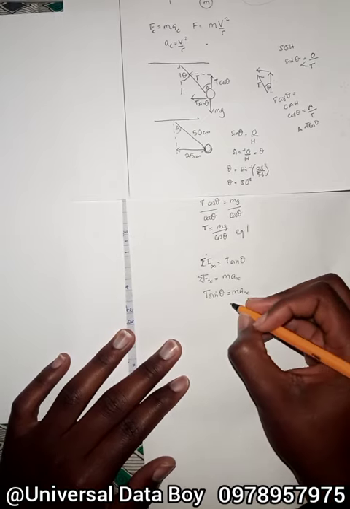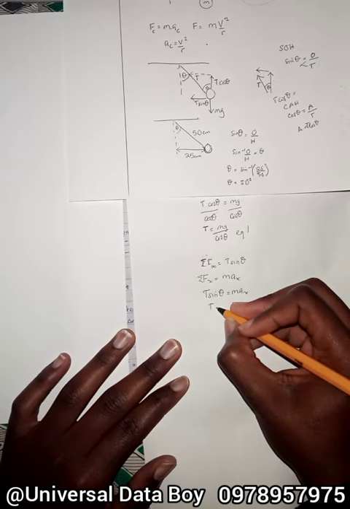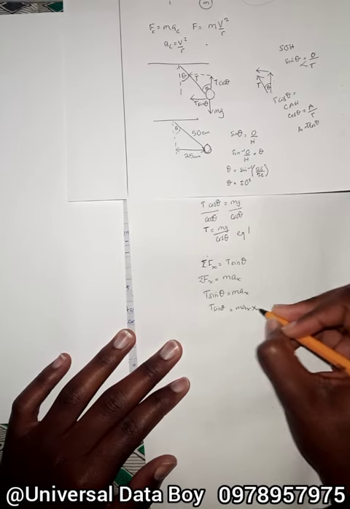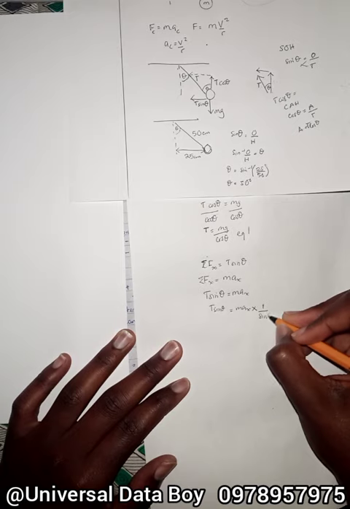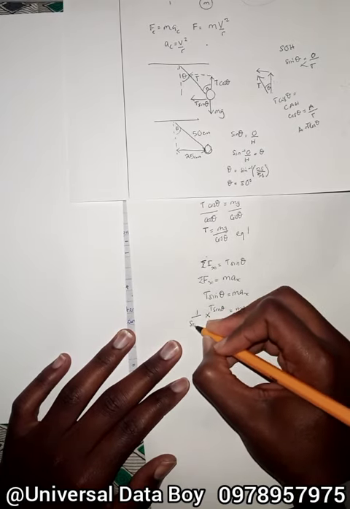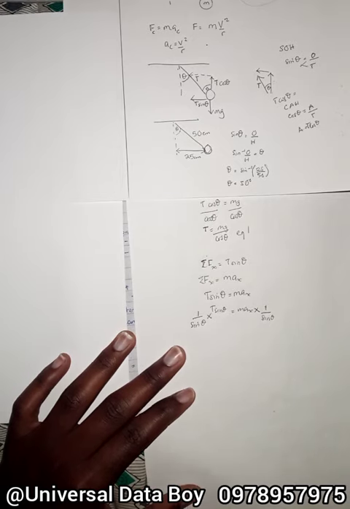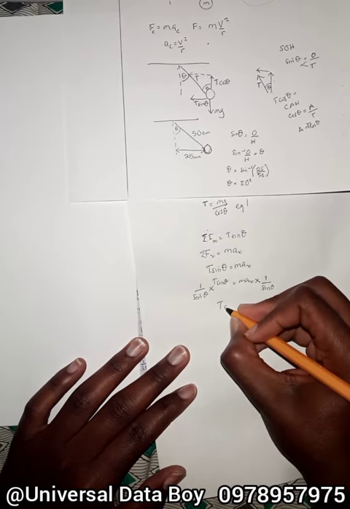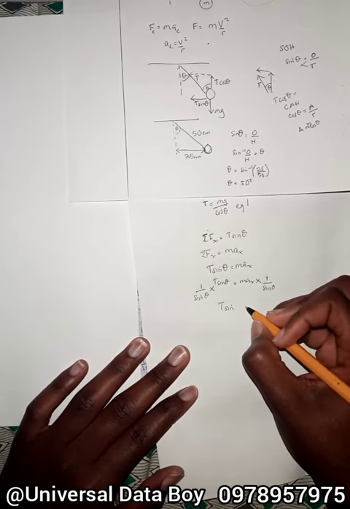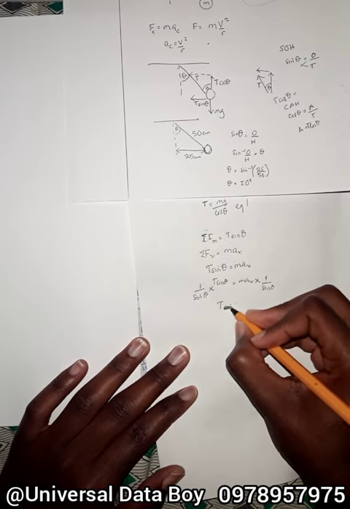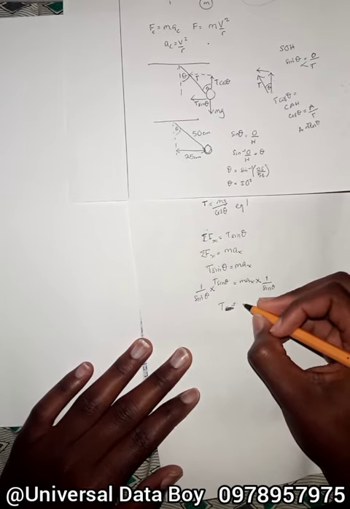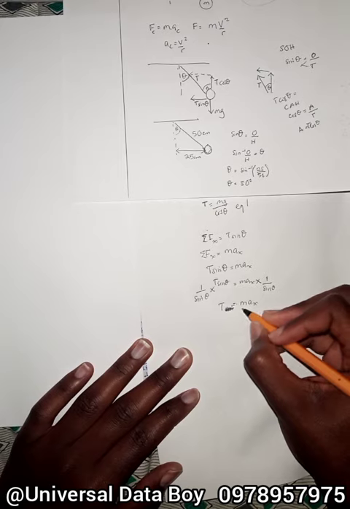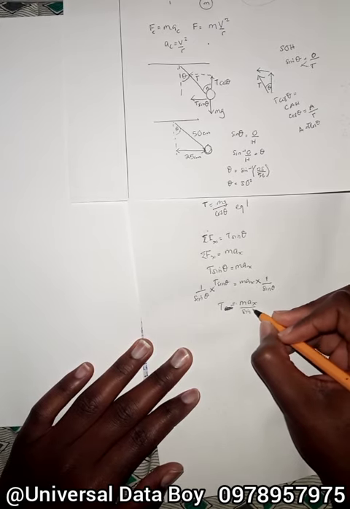Then when you make T the subject of the formula, multiplying both sides by 1 over sine theta, the sine cancels on this side, so T will be equal to m a x over sine of theta.